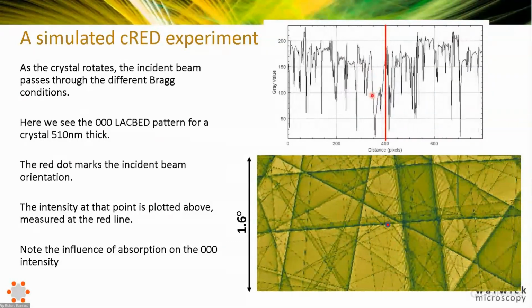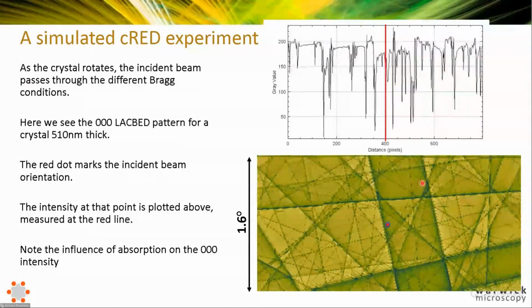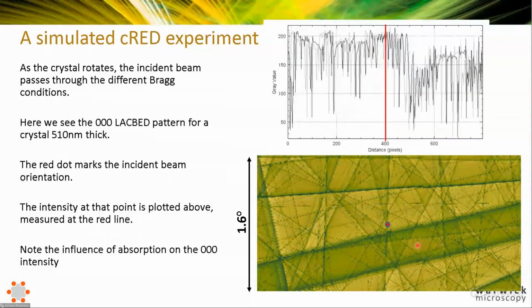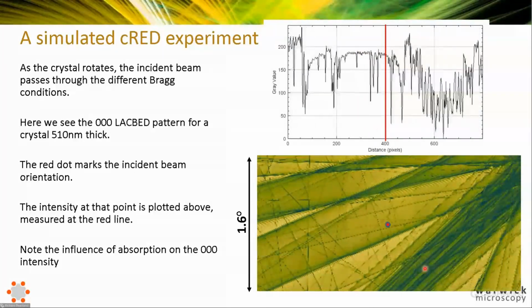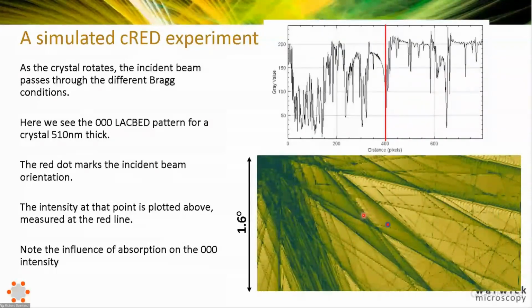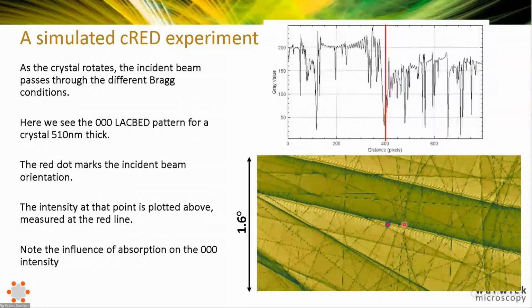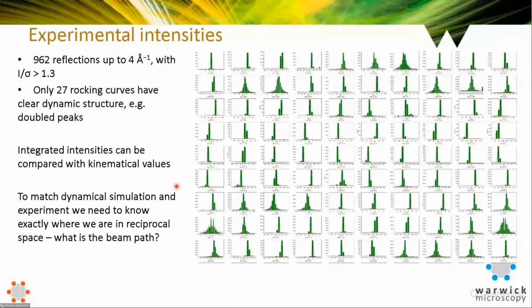And also, again, you can see here the effect of absorption. So absorption gives you these dark bands between the lines, and particularly things like here where you've got some crystal planes that you really line up on, you get very strong absorption effects. Okay. So out of that data, there's about 1,000 reflections.